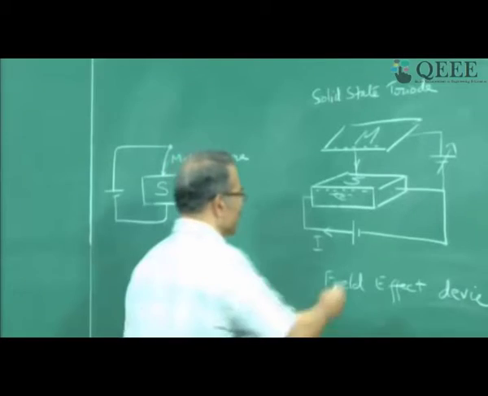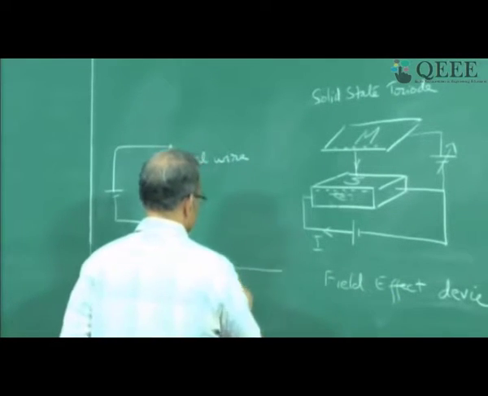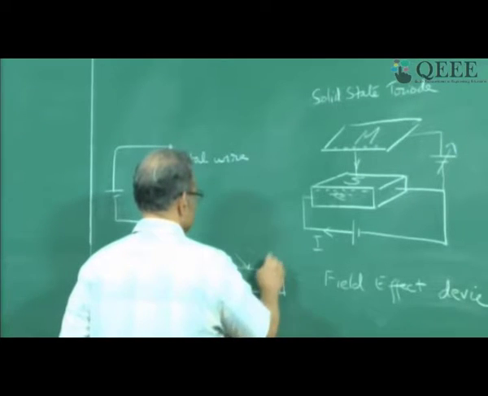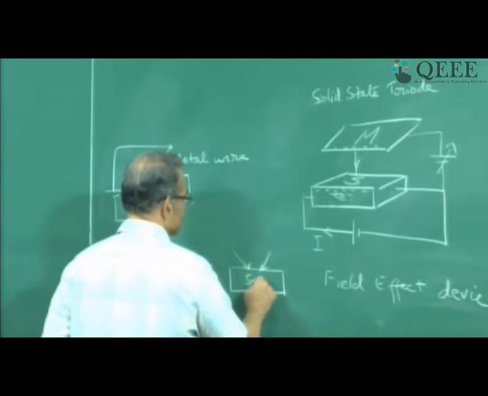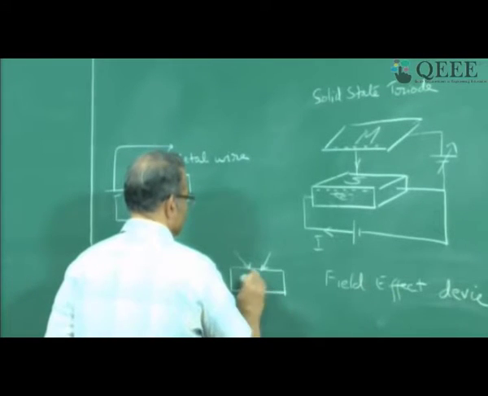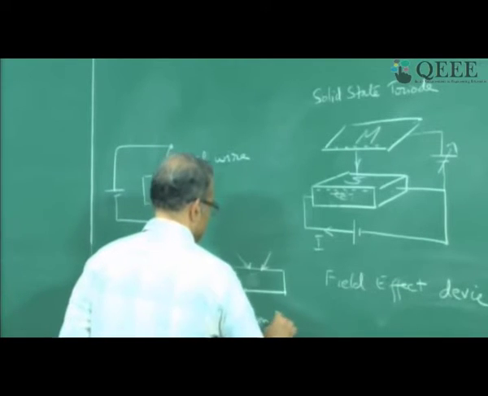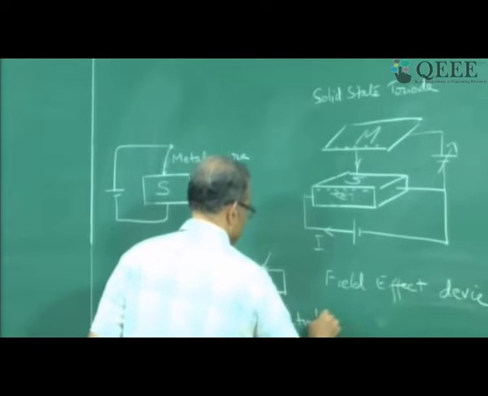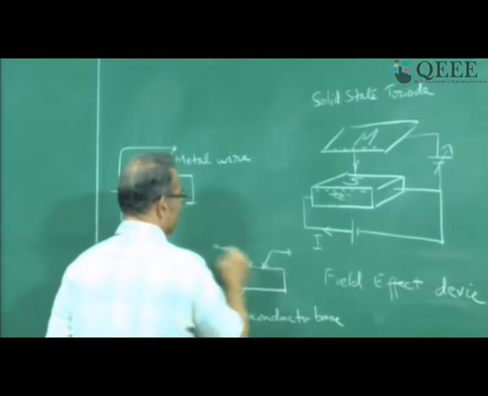So what is the construction of the bipolar transistor? You know that. It was something like this. So this was the base semiconductor. And these were the 2 contacts they had made.